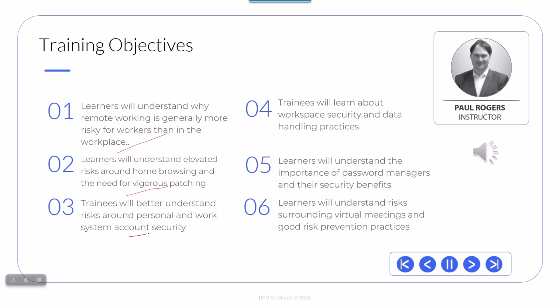Then 3, trainees will better understand risks around personal and work system account security. Then 4, trainees will learn about workplace security and data handling practices. Then learners will understand the importance of password managers and their security benefits. And then lastly, learners will understand risks surrounding virtual meetings and good risk prevention steps.